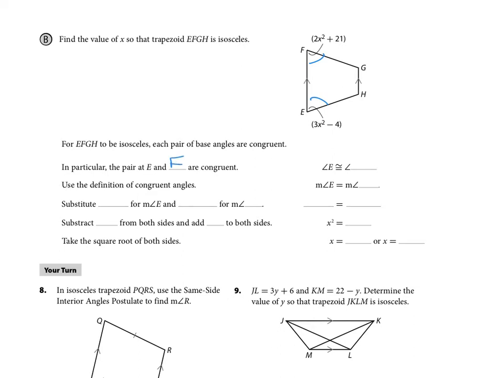So angle E is congruent to angle F. By the definition, that means their measures are the same. And so we're going to substitute for the measure of angle E the 3x squared minus 4, and for the measure of angle F, we're going to substitute in the 2x squared plus 21. And we're going to make an equation.